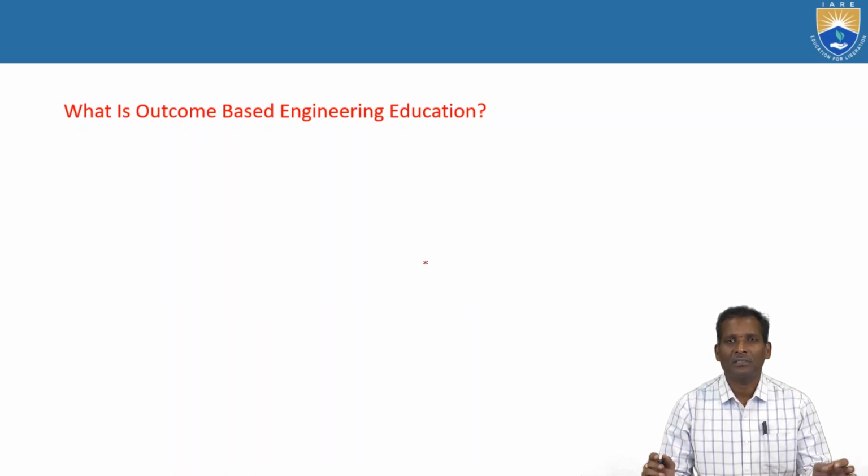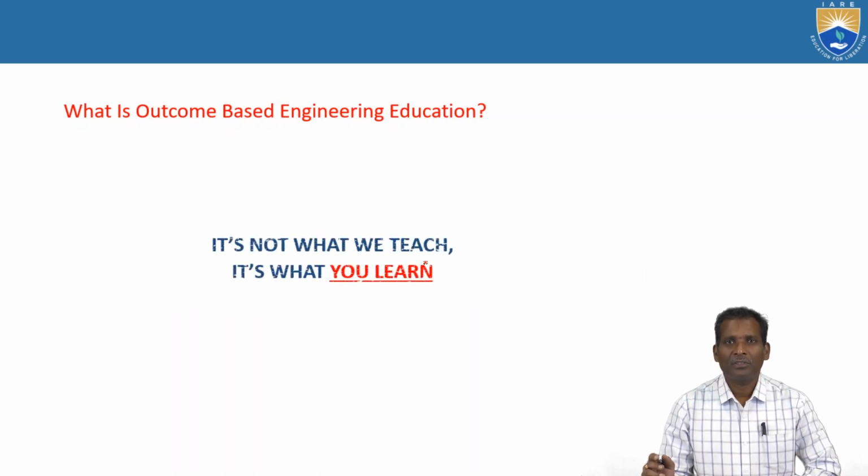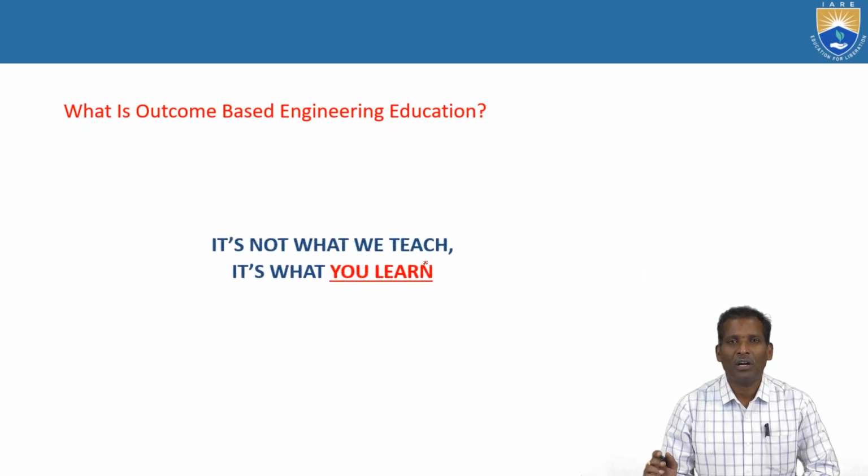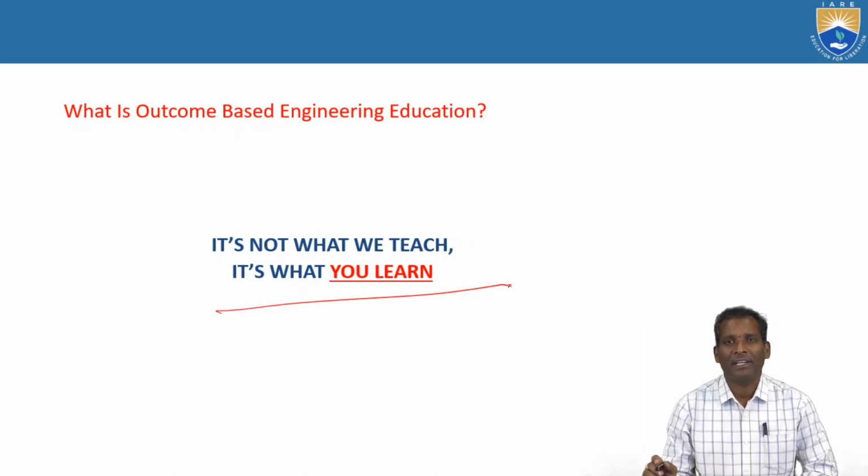All these things are covered in outcome-based engineering education. So it is not what we teach in the classroom that is important. It's what you learn, what students can learn from the teacher. That is the important thing.